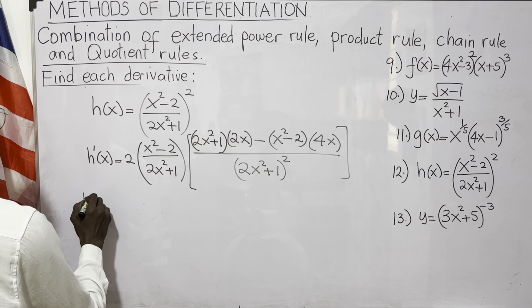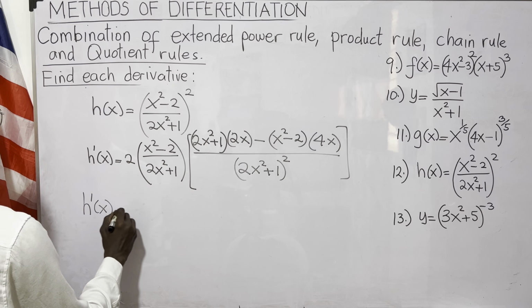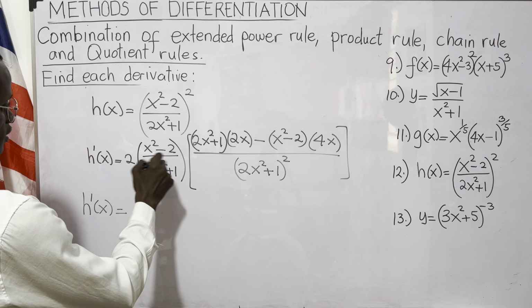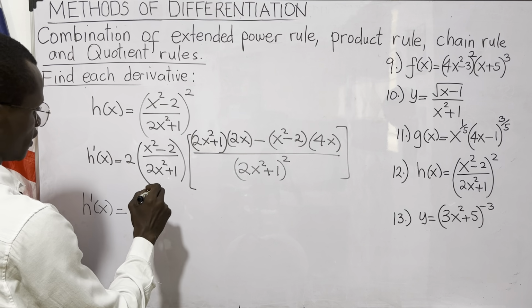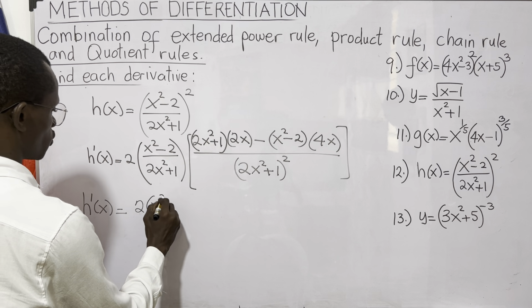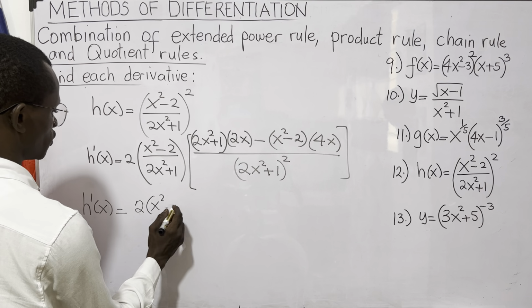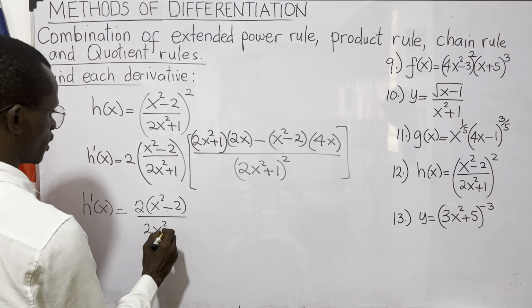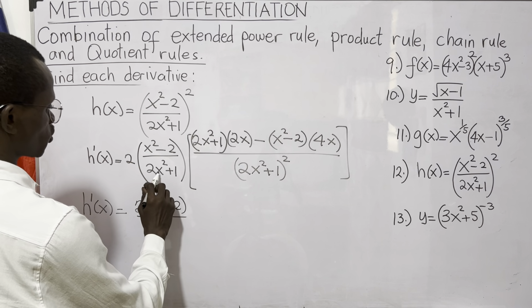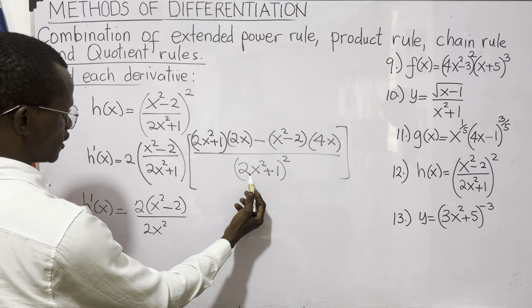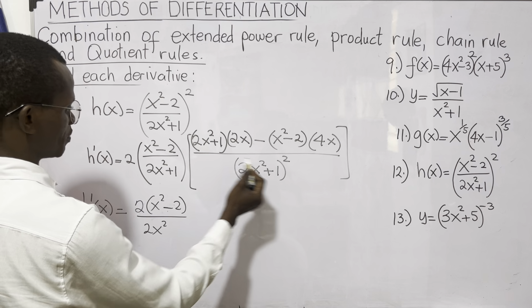So we simplify now. h prime of x is equal to, just simplify what we have here. So we have 2x squared plus 1, and then 2x squared plus 1 raised to the second power.